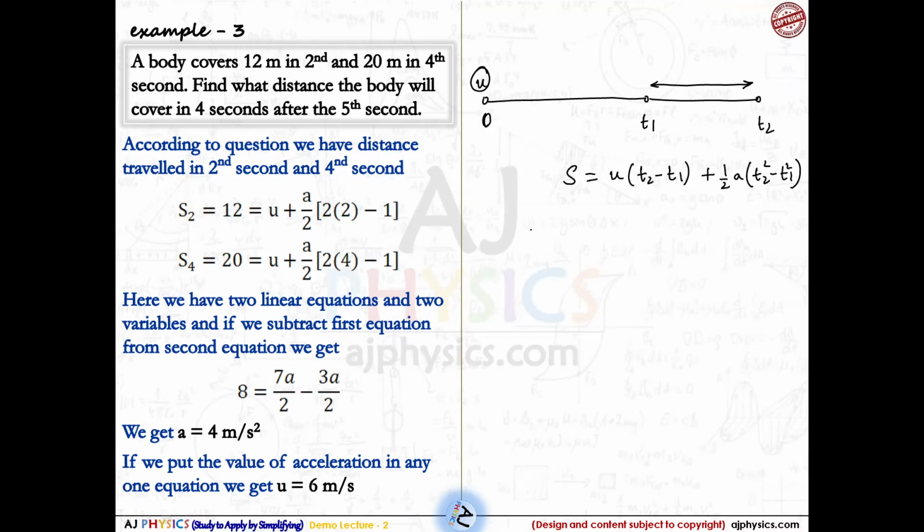So let's substitute the values here directly, we'll get the answer. 6 multiplied by (9 minus 5) plus half a, which was 4, so half multiplied by 4 multiplied by (9 square minus 5 square). So this will be 4 multiplied by 6, that is 24, plus 2 multiplied by (81 minus 25), which is 56.